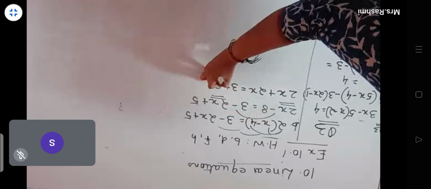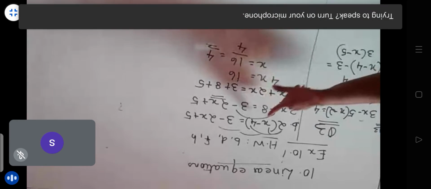Ma'am, I'm getting x as 4. Okay. 4x is equal to 16. x is equal to 16 upon 4, which is equal to 4.